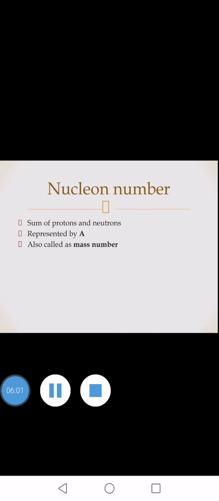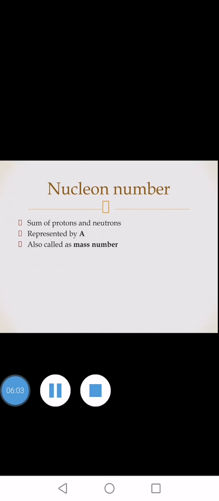To get the neutron number, we subtract the atomic number, 11, from the mass number, 23. So 23 minus 11 is equal to 12. In this element, sodium, the number of neutrons is 12.